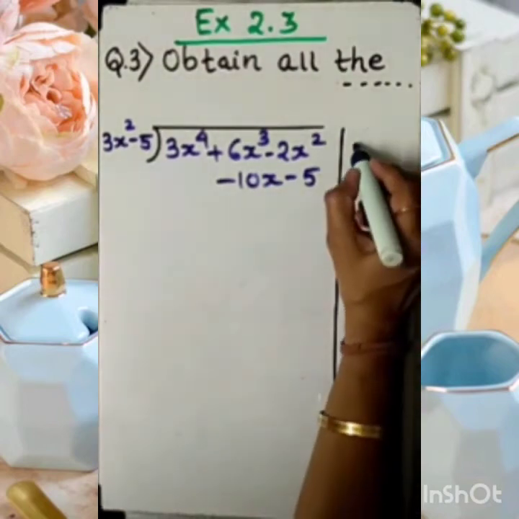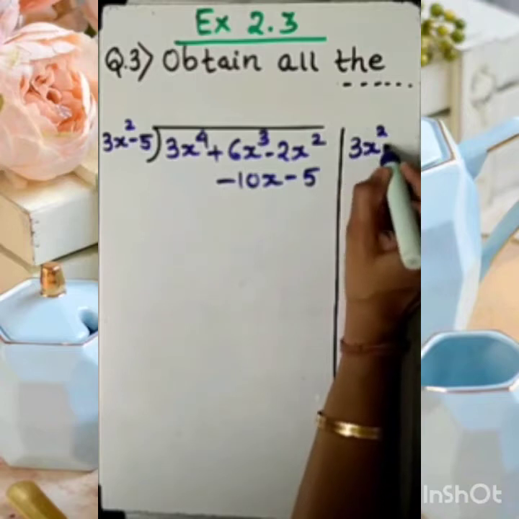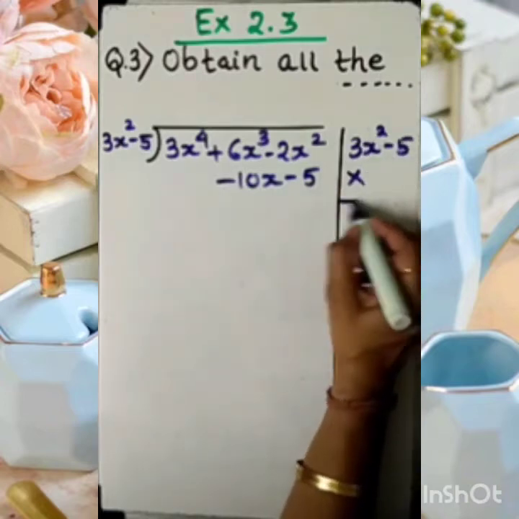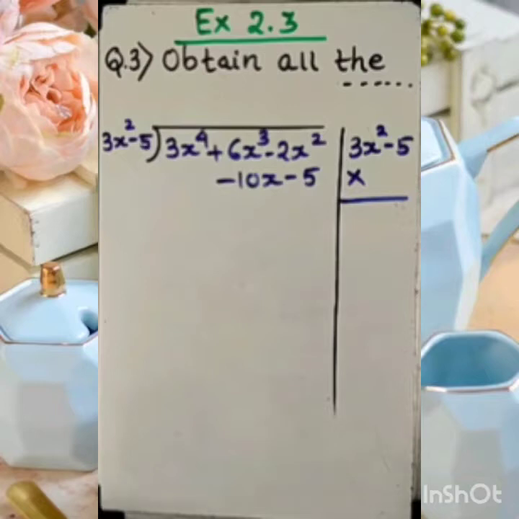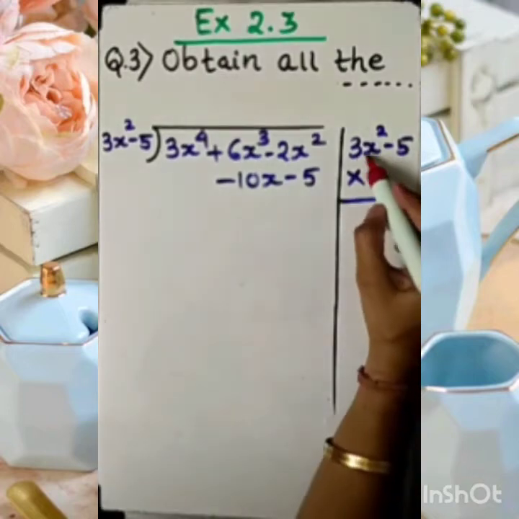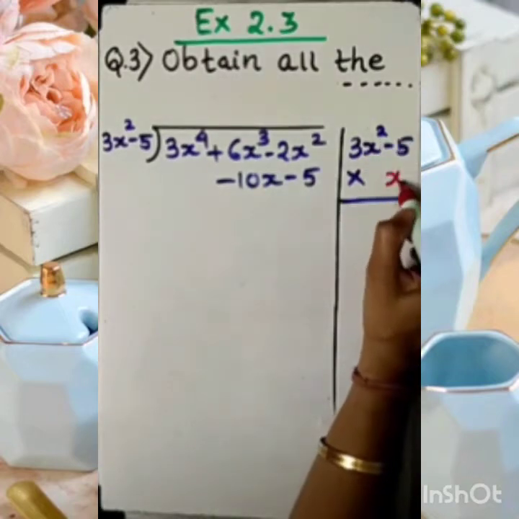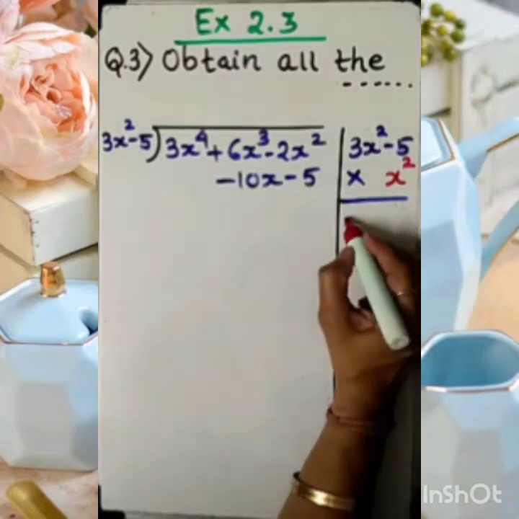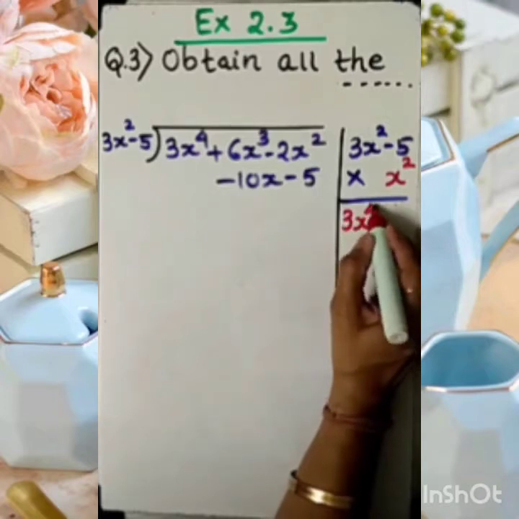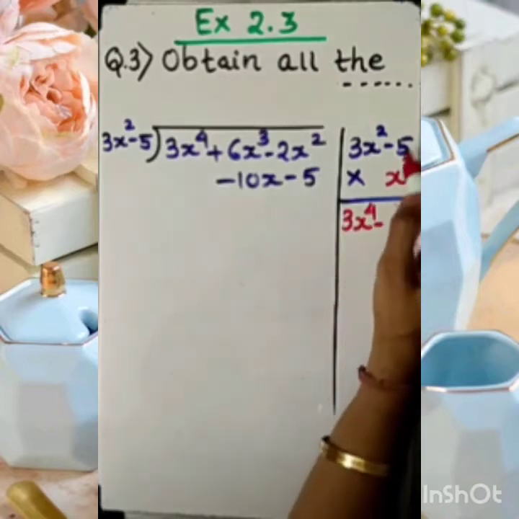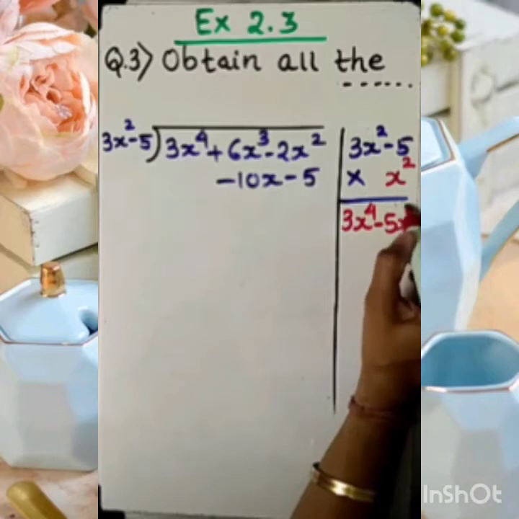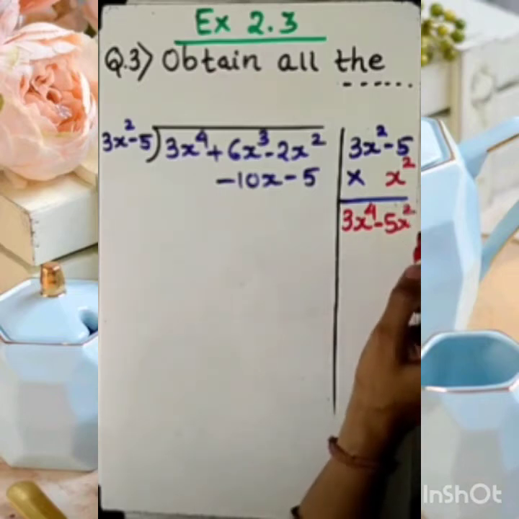So my dear student, here I am mentioning 3x square minus 5. As you know very well, the first term we are given is 3x to the power 4. Here 3x square is there, so we need to multiply with x square. So we will have 3x to the power 4 minus 5x square.